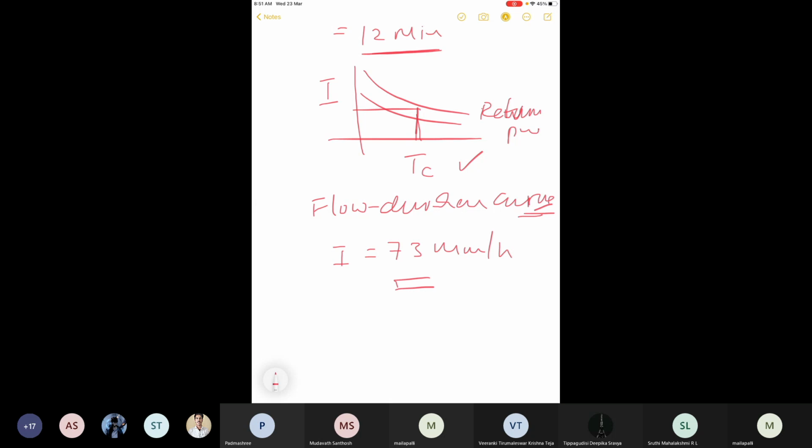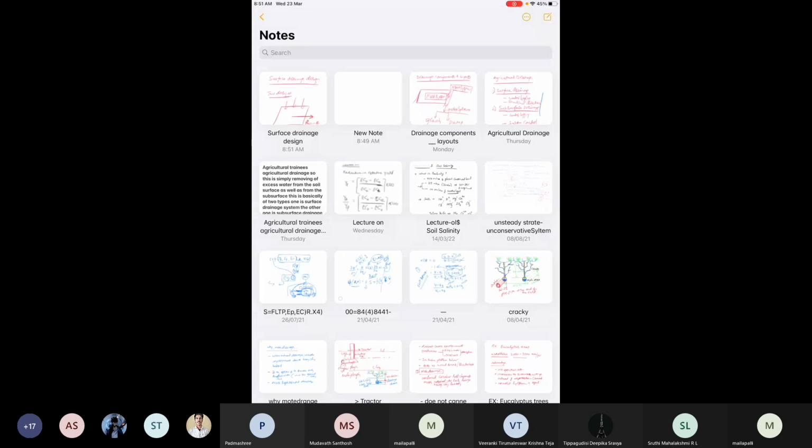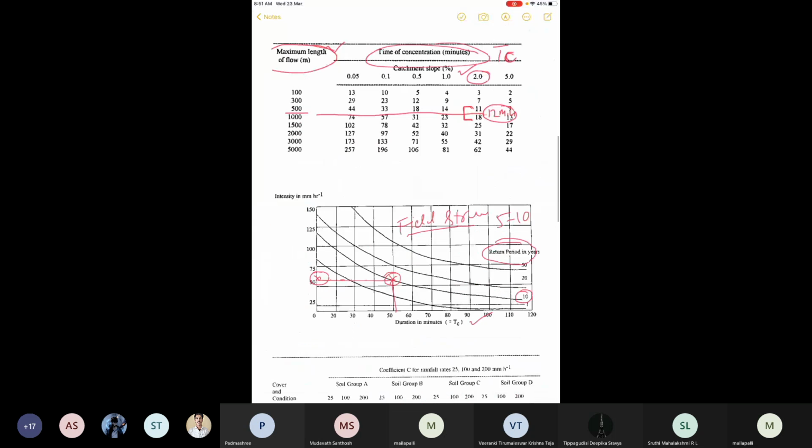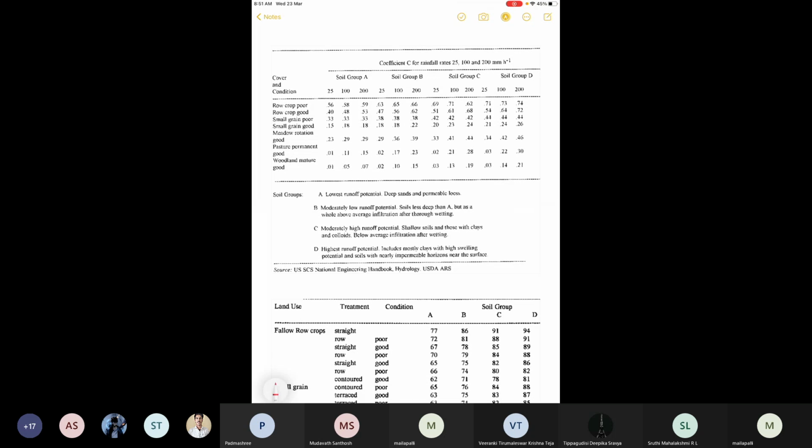The next is the coefficient, the C value. For C, there are different soil groups, like this, if you see it here.